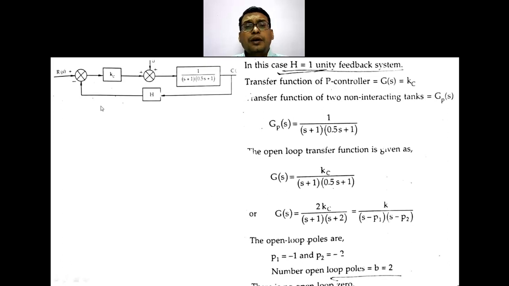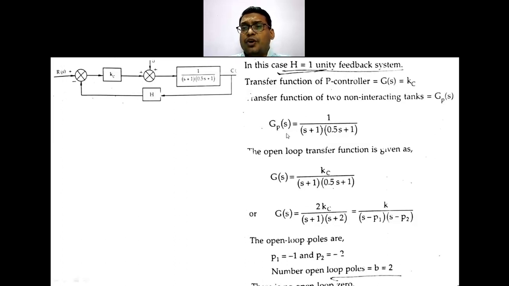Now come to the block diagram. So R, Kc, the transfer function that is given for the process, and H is your feedback. We are assuming that H is equal to 1, a unity feedback system. The transfer function of the proportional controller is Kc.